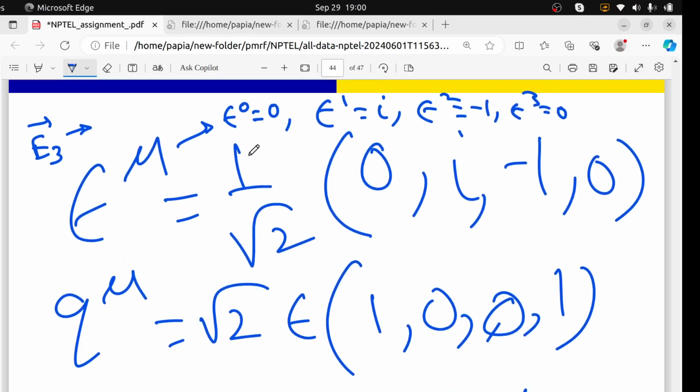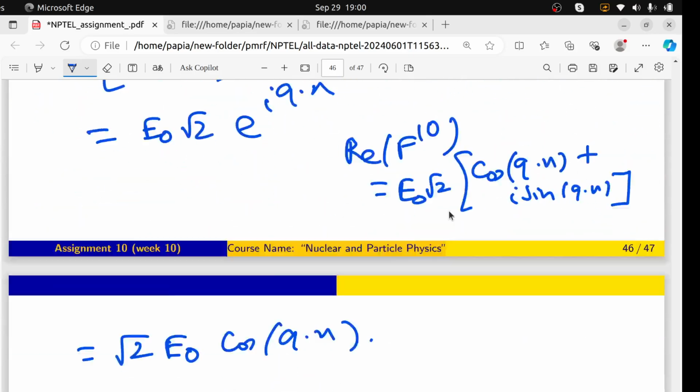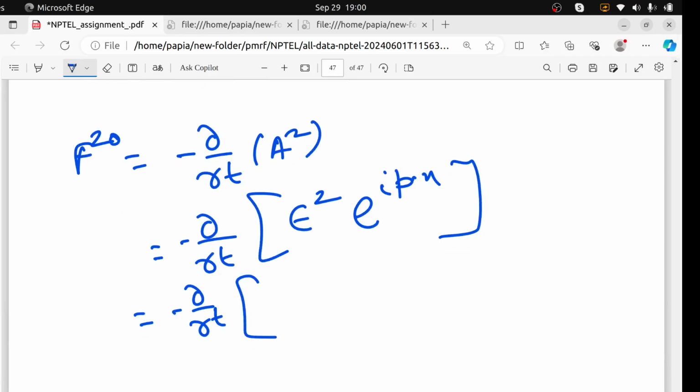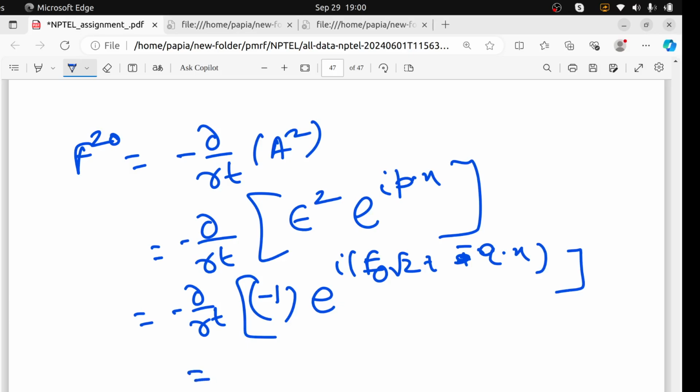Epsilon 2 is minus 1. Okay, so this is minus 1. That we have to just check carefully. E to the power I e0 root 2t plus minus q dot x. So it will be minus minus plus. Then I E0 root 2 e to the power q dot x.